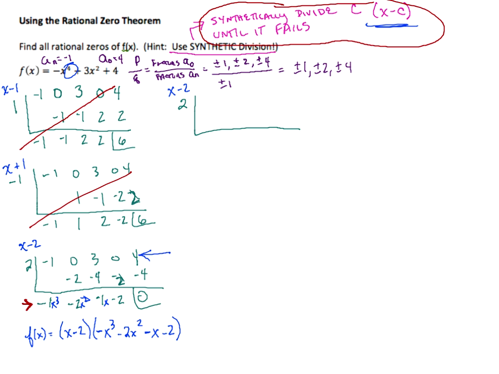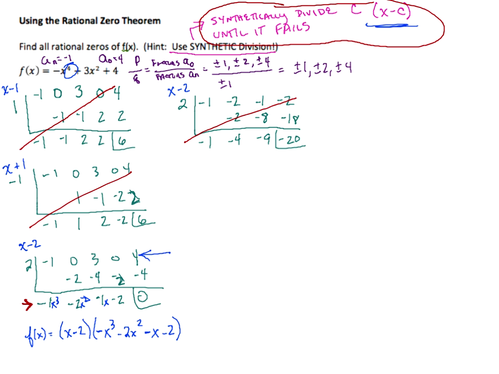I use my new coefficients, which are negative 1, negative 2, negative 1, negative 2, and see if I can pull another factor of x minus 2 out. Combine down, multiply, combine down, multiply, combine down, and you can see that I get a remainder there. So x minus 2 failed on that go around.